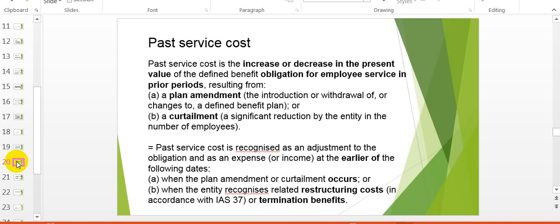So take note, a plan amendment or a curtailment is a past service cost. Past service costs are recognized as an expense or income in the profit or loss account.